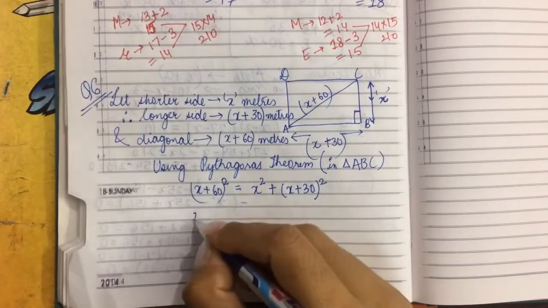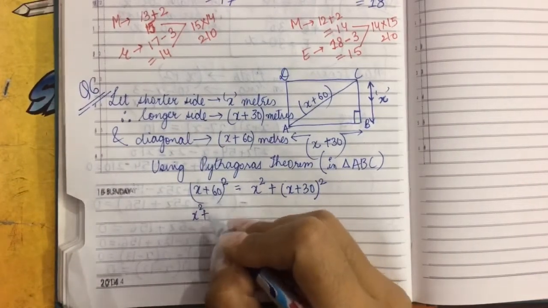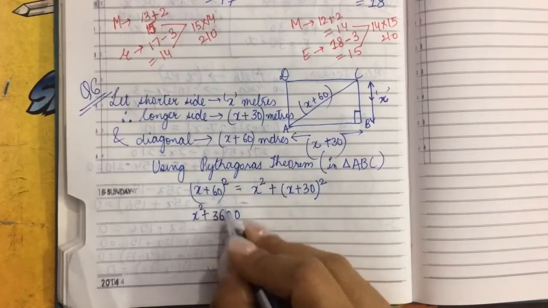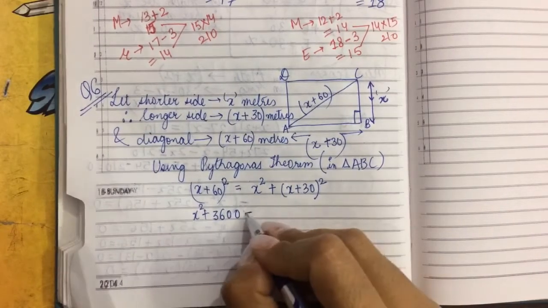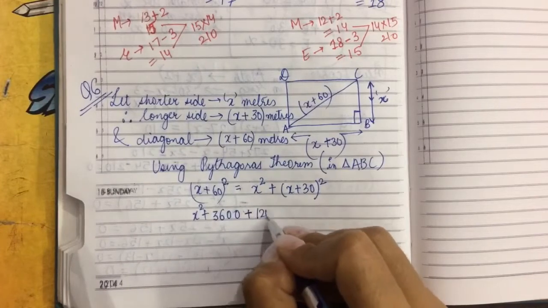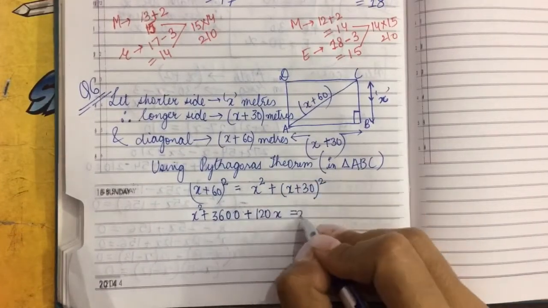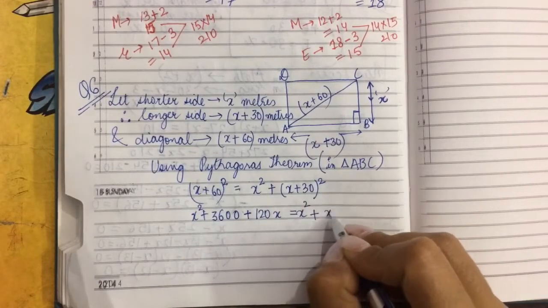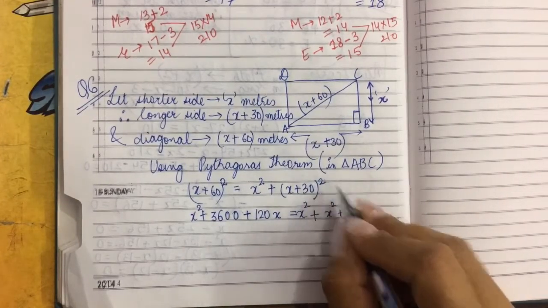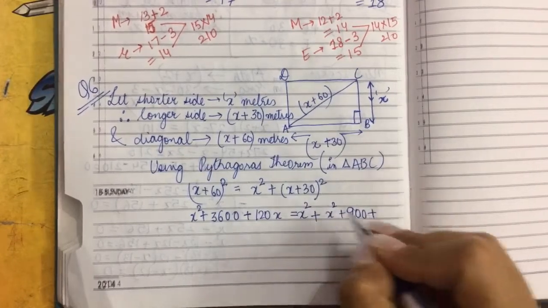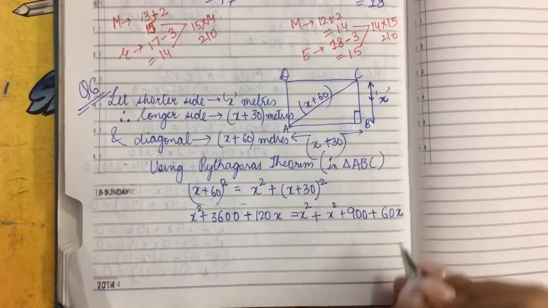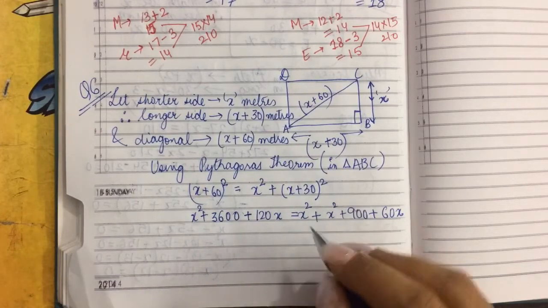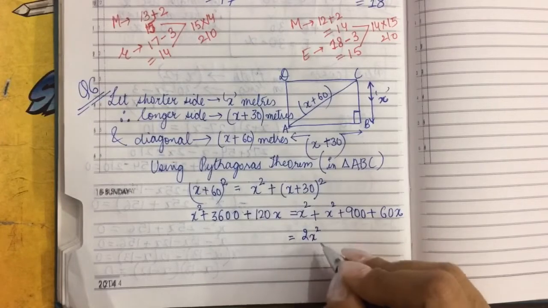Simplifying, we get x square plus, this is a plus b whole square, so apply the identity carefully. a square plus b square, 60 square is 3600, plus 2ab will be 120x. On the right hand side we have x square plus, expanding x plus 30 whole square, x square plus 30 square, 900, 2ab, that will be 60x. Solving these, let's transpose all terms to one side, and side by side I will simplify.